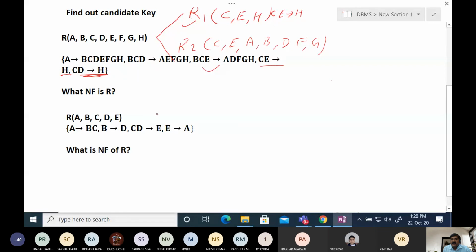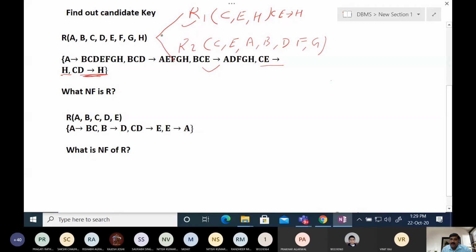Did you get it? Hello? Vineet Raj. If we decompose R into R1 and R2 in this way, then dependencies are not preserved, and dependency preservation is not an essential criterion, so we can decompose.